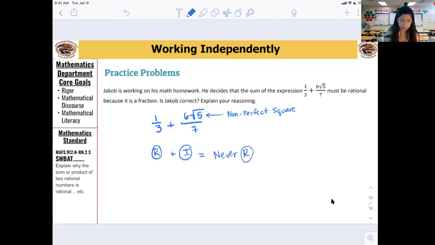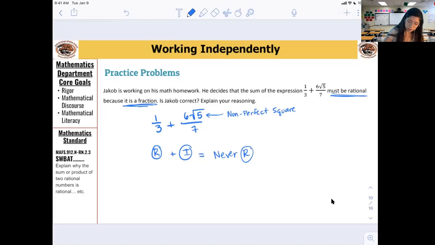Okay, but what is he saying? He's saying, oh, the sum must be rational because it is a fraction. Because remember what we said, any number that you can write as a fraction is rational. So let's talk about why that's not really true in this case, even though when we add these two up, it will end up as a fraction.